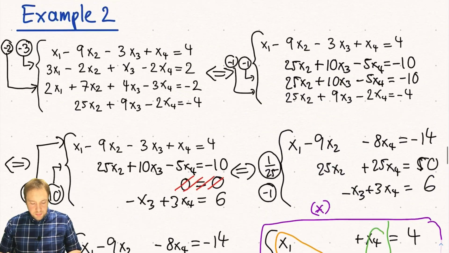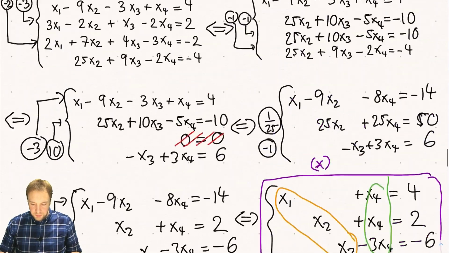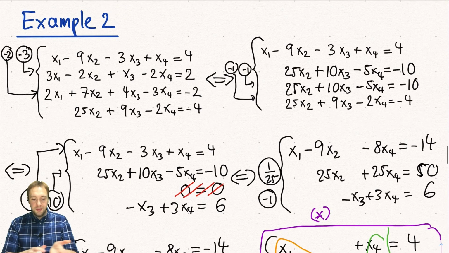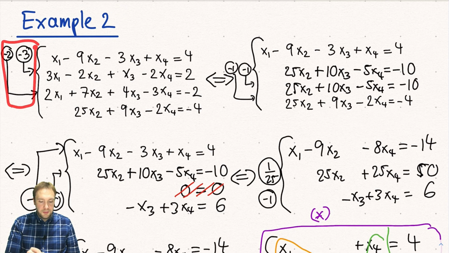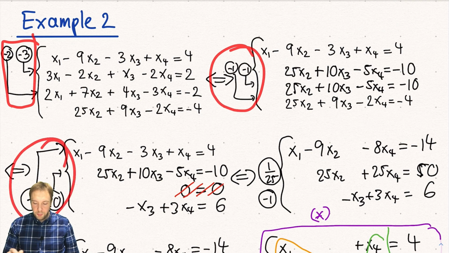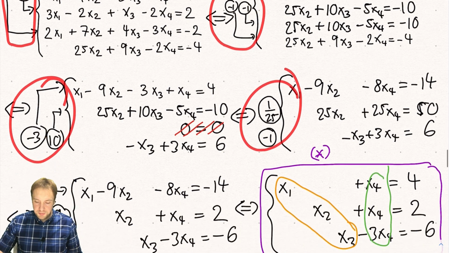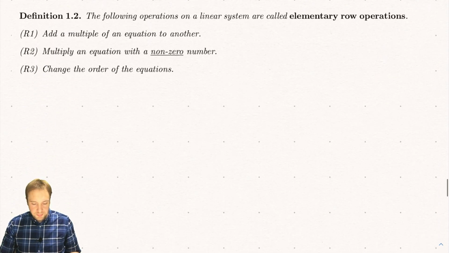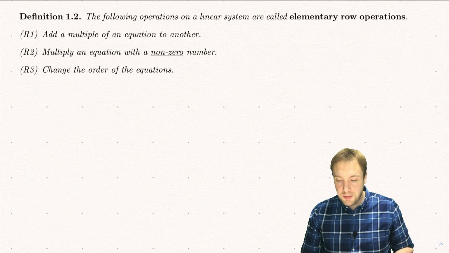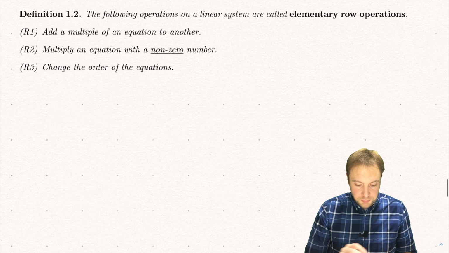Okay, and now we want to write down this algorithm we used here, and first we want to give these operations we did a name, and these are called elementary row operations. And there are three types of elementary row operations.